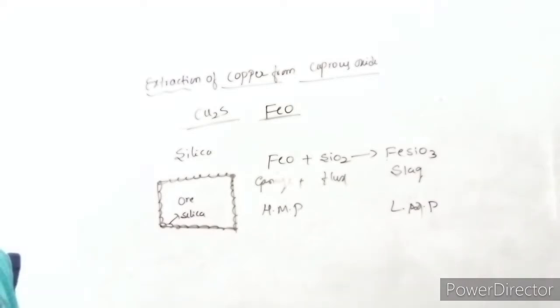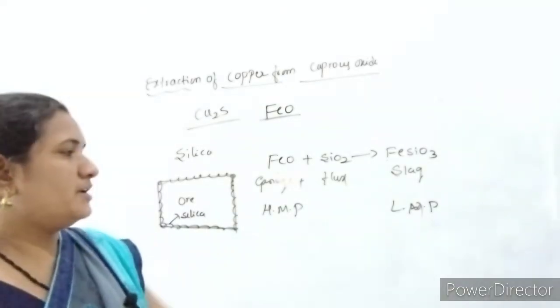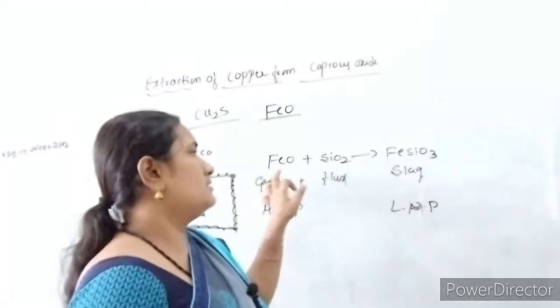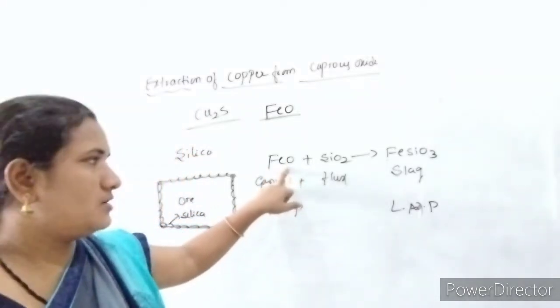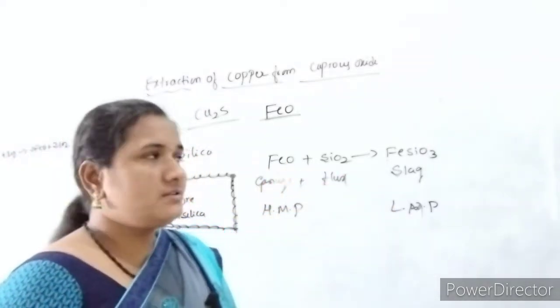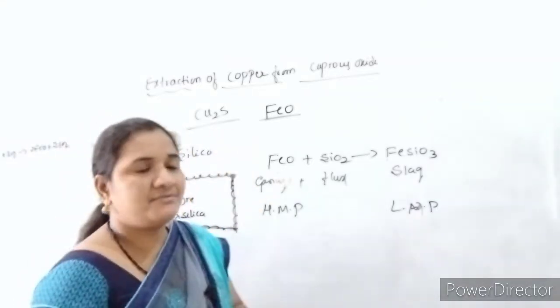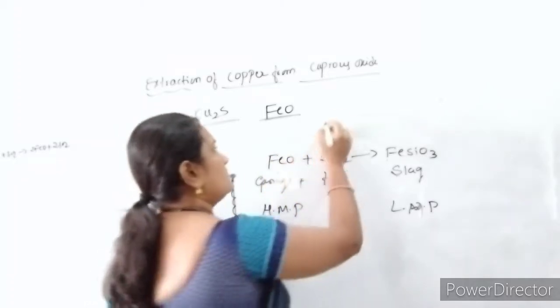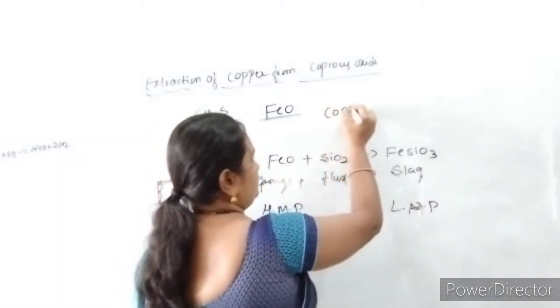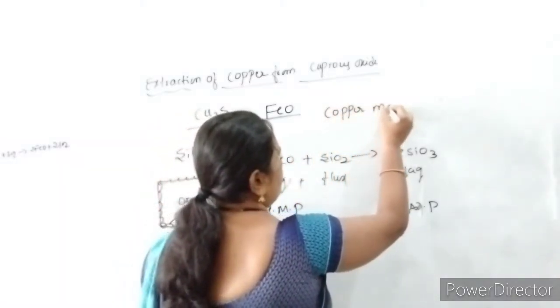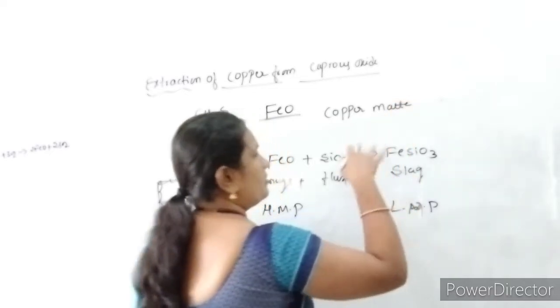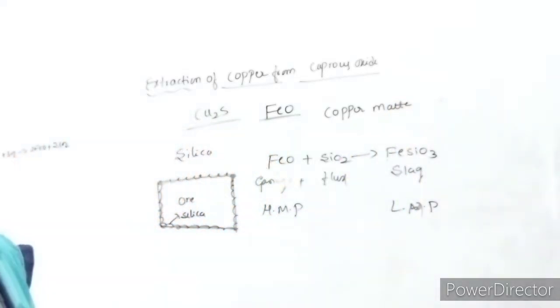In the form of ferrous silicate, the impurity is removed. In this way we remove the ferrous oxide as slag. The copper produced from this reverberatory furnace is called the copper matte.